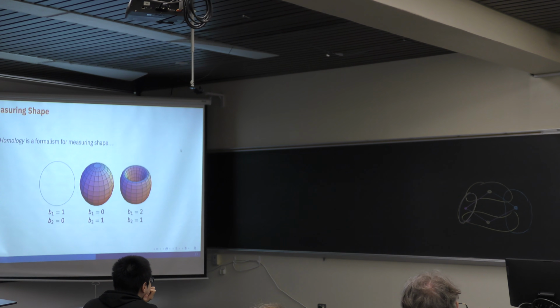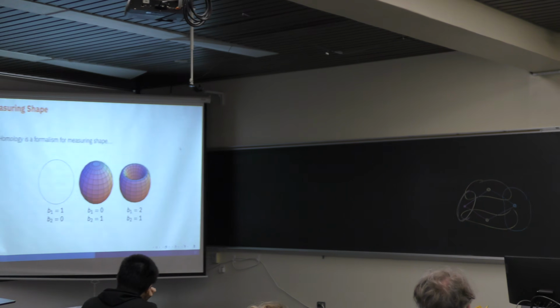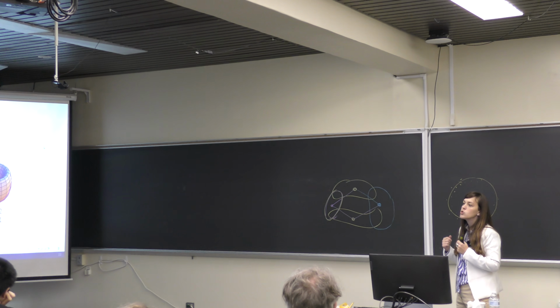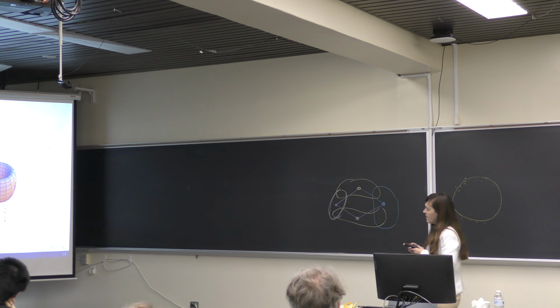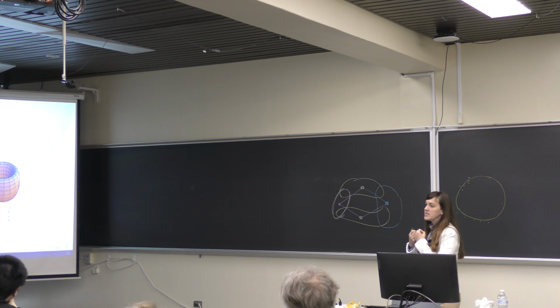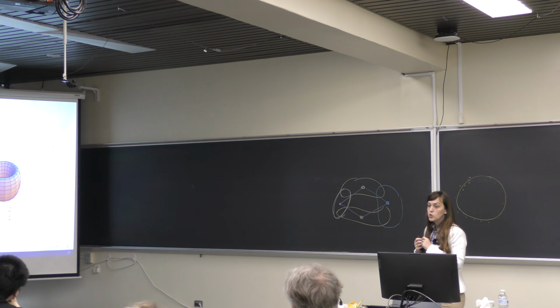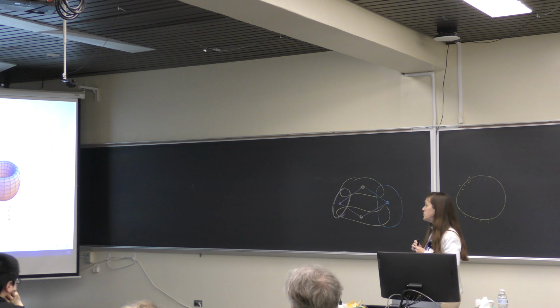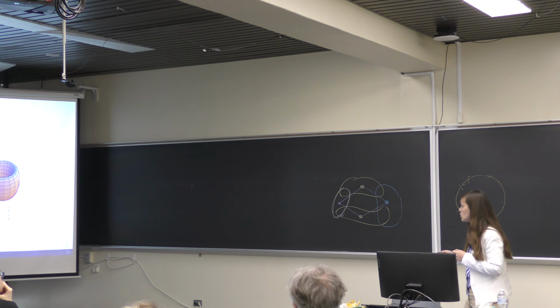That's reflected in its Betti2 number being 1, so it has one two-dimensional void. And then, for example, the torus is also connected, so it has Betti0 equal to 1. It has two loops, so Betti1 is 2, and it has one void, so Betti2 is 1.